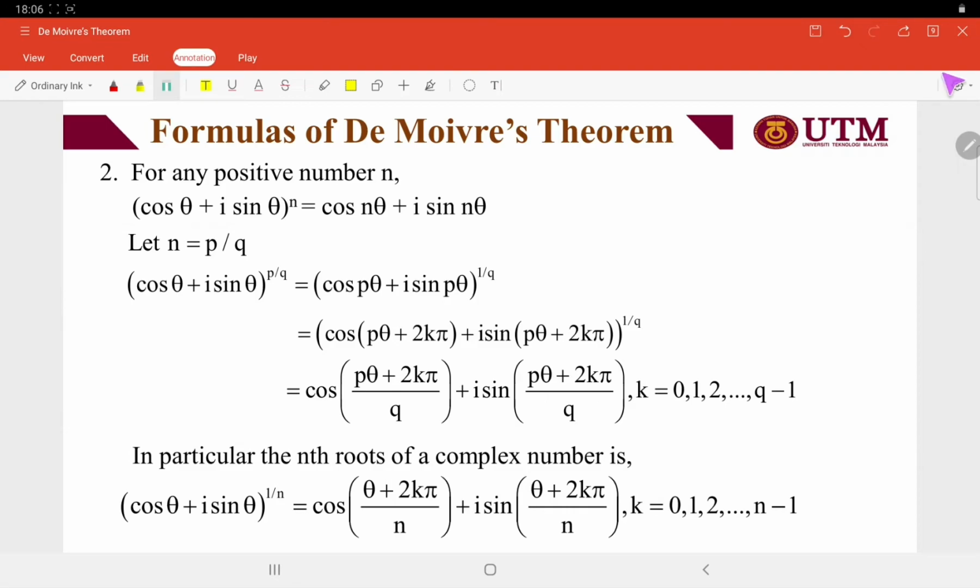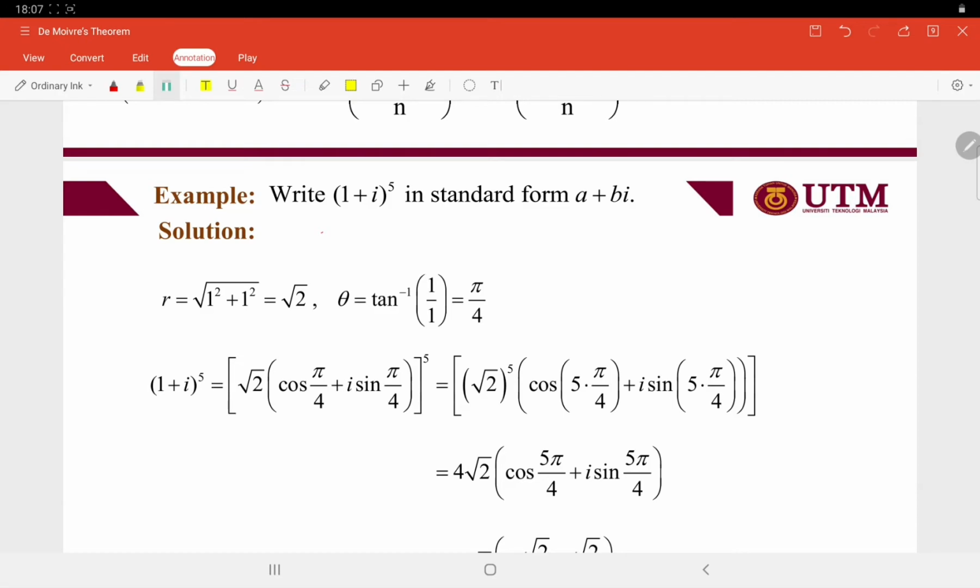So let us try an example so that you can understand how to apply this formula to get the roots of the complex number. Okay, this example: write (1 plus i) raised to the power of 5 in standard form a plus bi. So this is the equation of the complex number given that z equals 1 plus i.